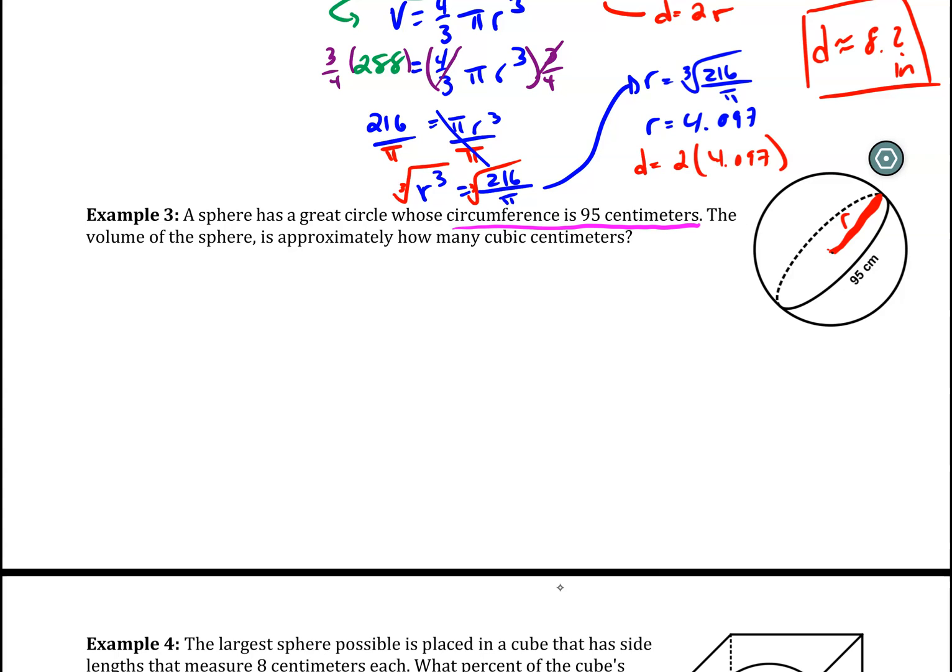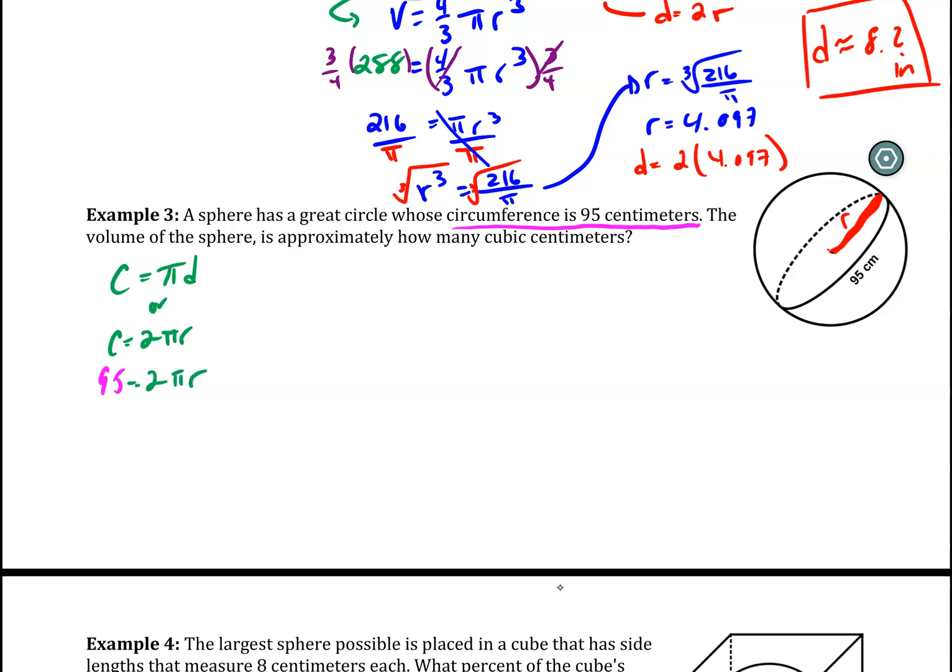So we have to think back to our circumference formula. The circumference formula was C is equal to pi times d, or C is equal to 2 pi r. In this case, I'm going to go with 2 pi r because we want r as our answer. So I'm going to plug in my 95 here for C and solve for r.